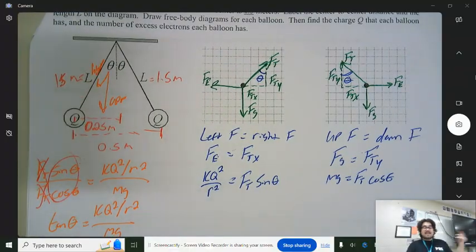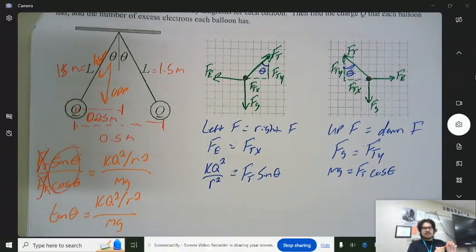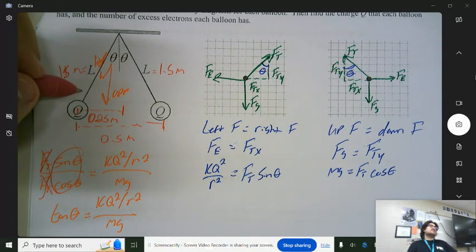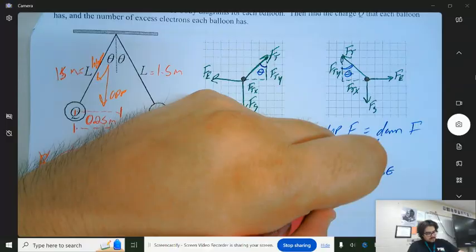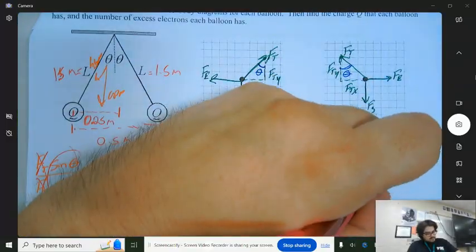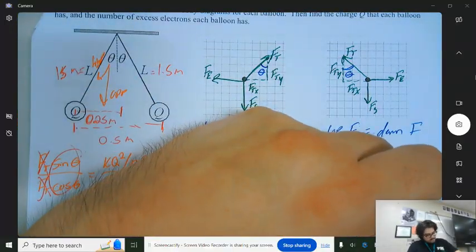So what we can do is use the Pythagorean theorem to figure out what that angle is. We've got the opposite and the hypotenuse, that would be sine. So we would say that the sine of theta is equal to opposite, which is 0.25 over 1.5.